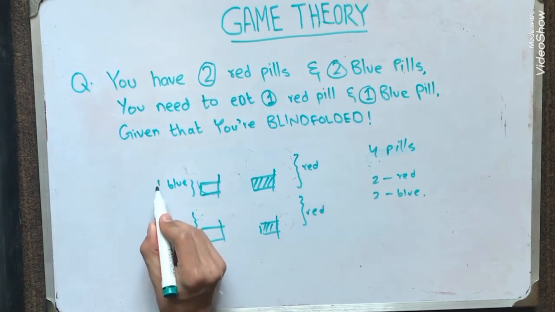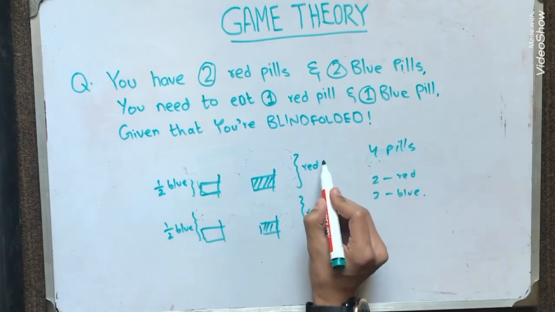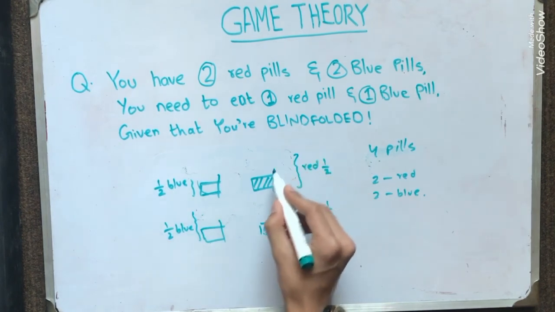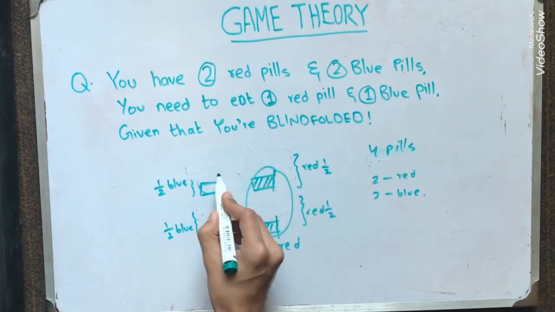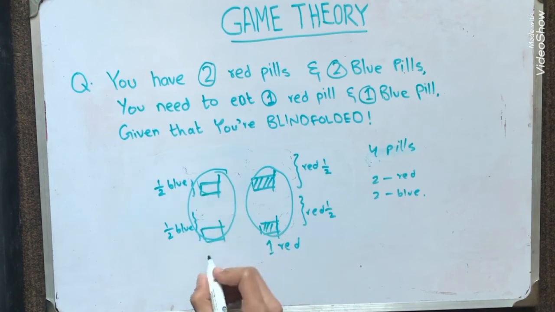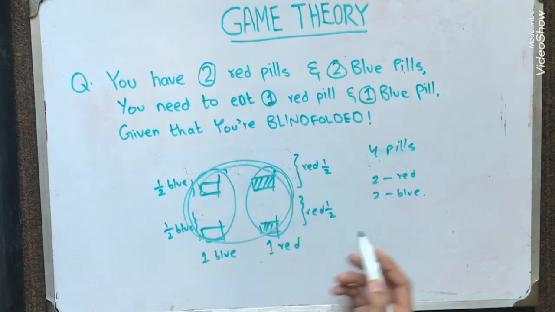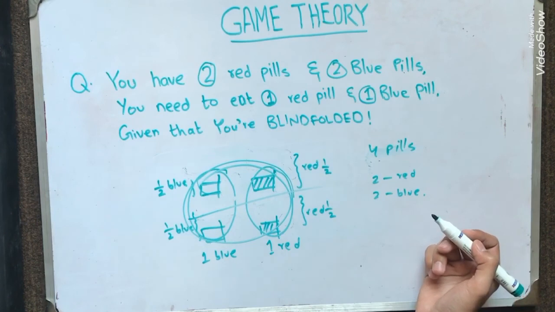I'm left with one half of a blue pill, another half of a blue pill, one half of a red pill, and another half of a red pill. Together these make up one red pill in total, and one blue pill in total, right? So I just eat all of what's left here. That's how you solve the problem, and I hope it made sense.